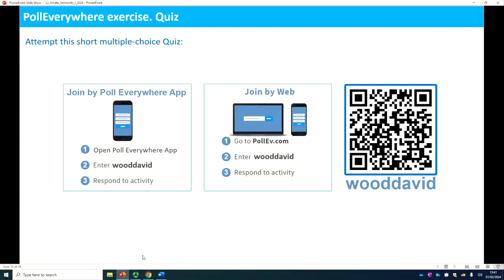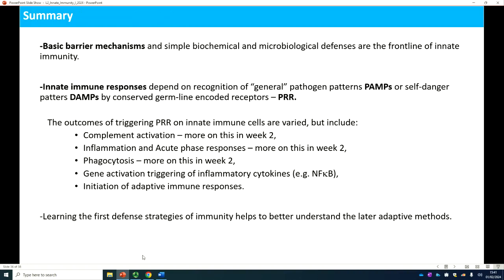If we just flick back to here, just to summarize what we've been talking about today, and also this week. We have our basic barrier mechanisms, which can be biochemical and microbiological defenses, and these form the front line of the innate immune response.